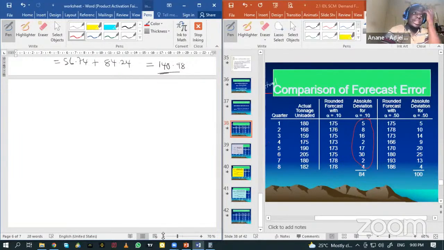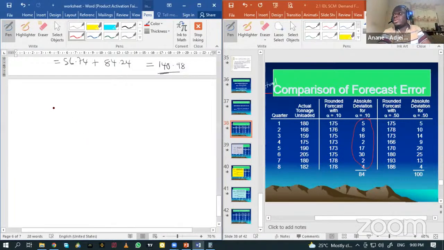Please, splitting the screen like this, is it okay for you? Supremo said yes. The rest, are you okay? Or it's too small? Okay, majority are saying it's okay.